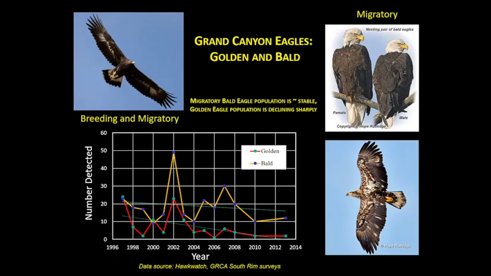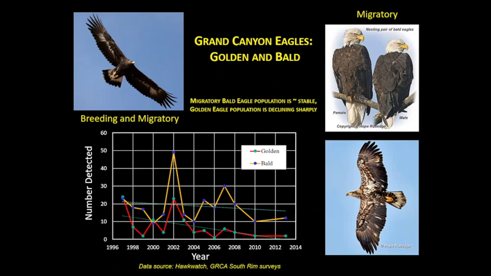With eagles, we're concerned with the status of golden eagle. Both golden and bald eagles migrate in and across Grand Canyon. Of course, golden eagles do breed here in the landscape as well. But when we begin to look at the migratory data, HawkWatch has been doing a lot of long-term examination of the landscape there in Grand Canyon, around Lipan Point and Yaki Point.